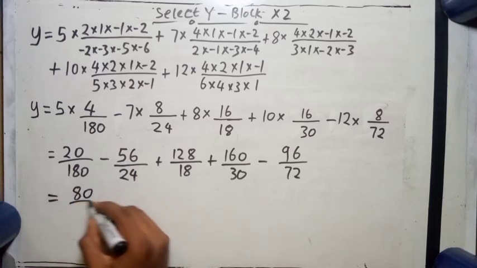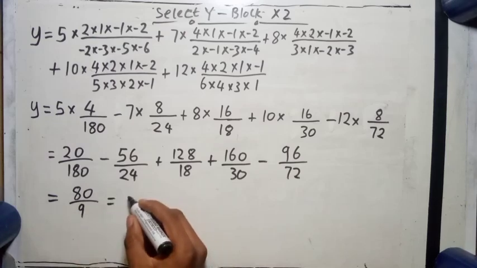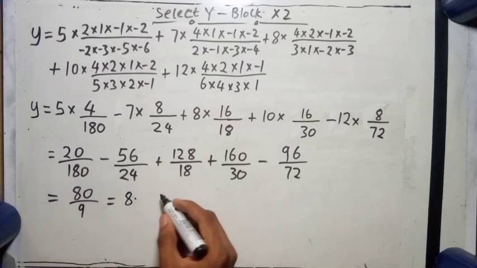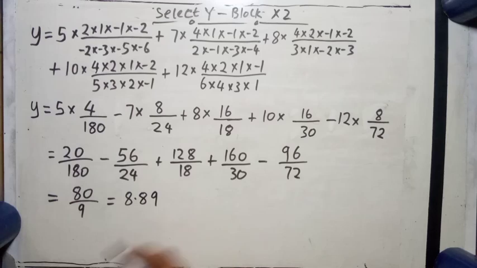Now with your calculator, we have our answer to be 80 over 9, which is approximately 8.888. So we can also say 8.89 in 2 decimal places.